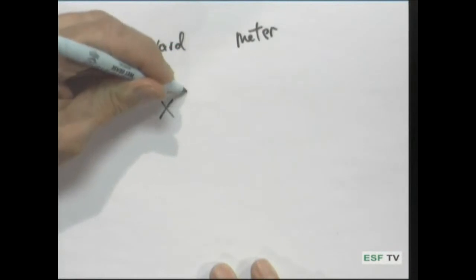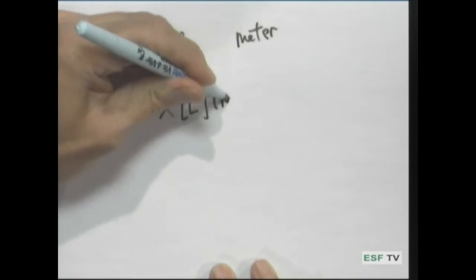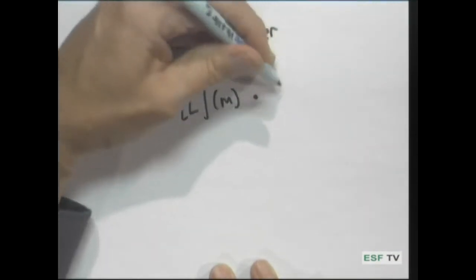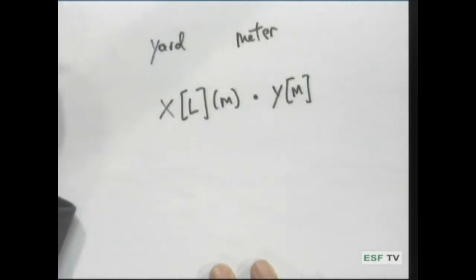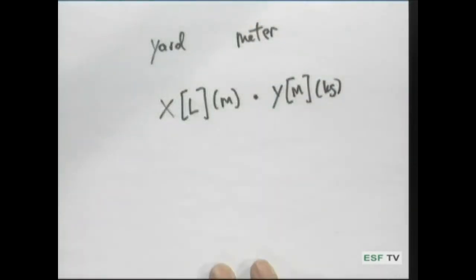So for example, you can take units of any kind and you can multiply them together. All right. So for example, if we have a quantity x that has dimensions of length, and we measure that in meters, then we can multiply that by a quantity y that has a dimension of mass, but is measured in units of kilograms.